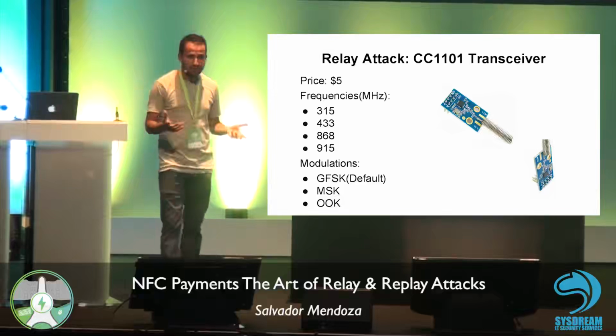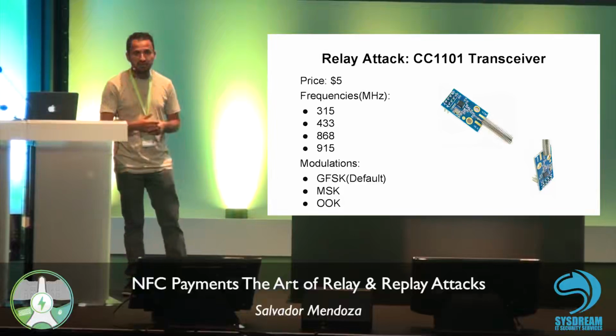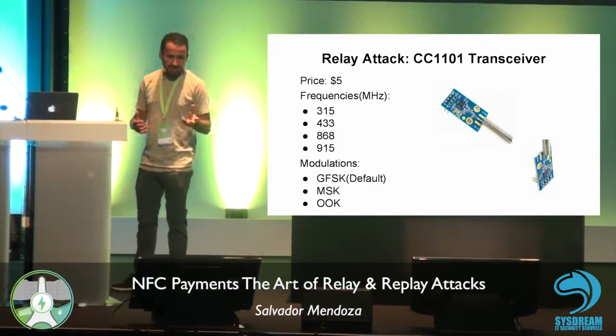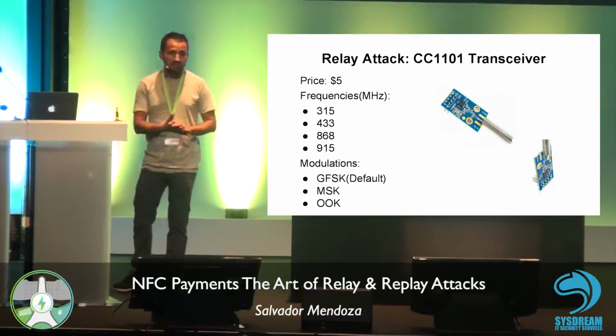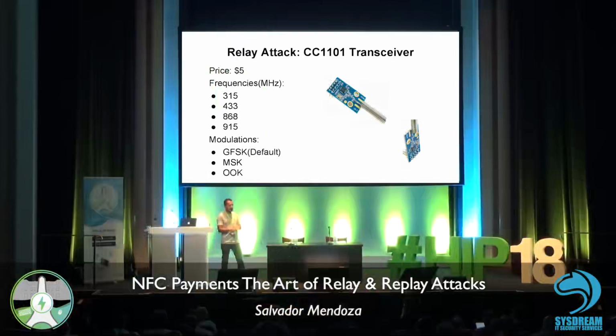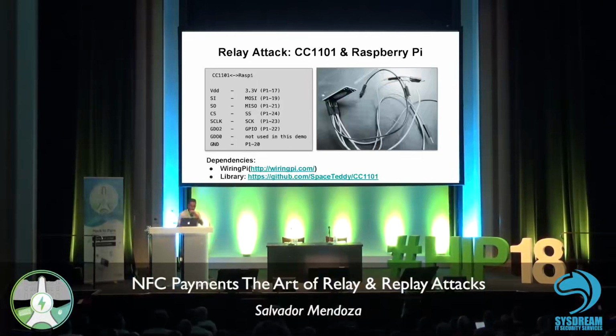I'm buying it because it's so cheap, it's easy to make a POC with it. You have different frequencies, low frequencies so the signal can go through walls, and high frequencies for distance. We have different modulations, and you can implement it directly on the Raspberry Pis. To connect it to the Raspberry Pi, you can do it directly to the SPI connector, or the SPI and the GPIO. So it's very easy, and you have only two dependencies for that.